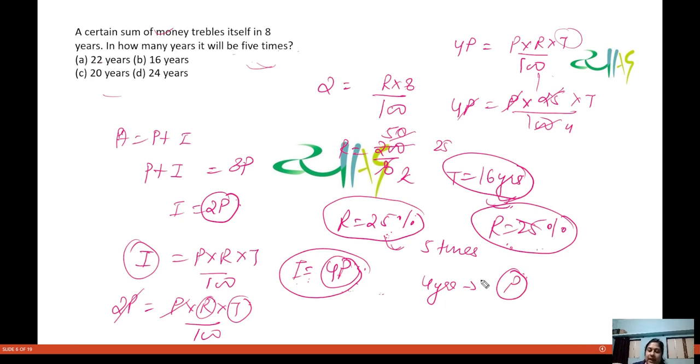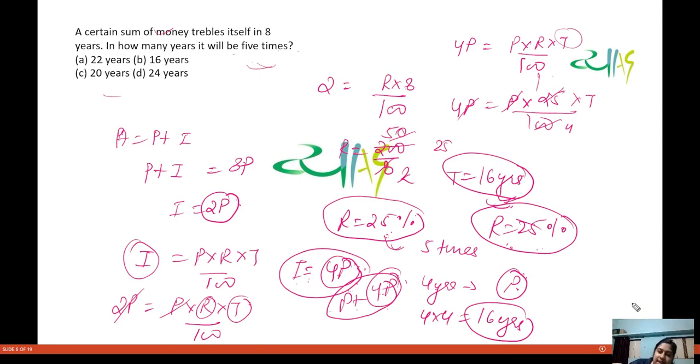Now you have to make it 4P, because 1P we are already having. In 8 years it became 3 times, so in how many years will it become 5 times? In 4 years this will become P, and in how many years will it become 4P? 4 into 4, so that means 16 years.